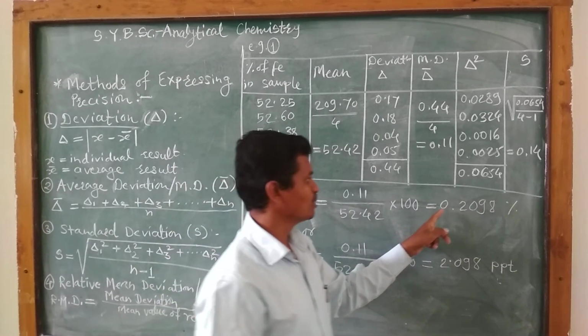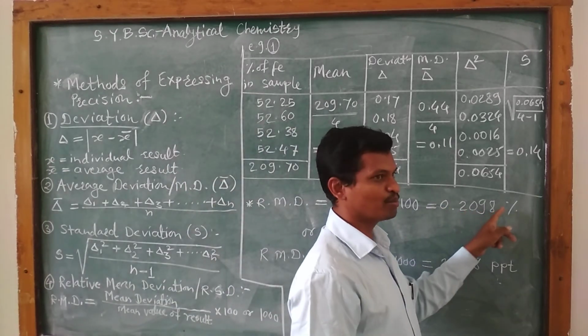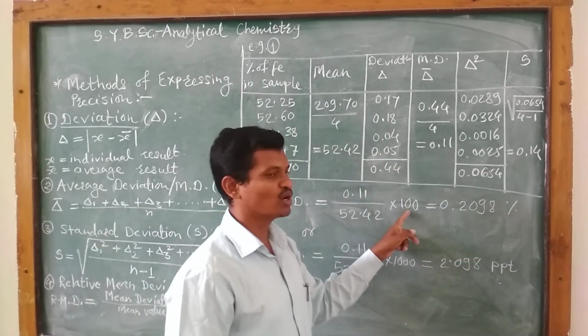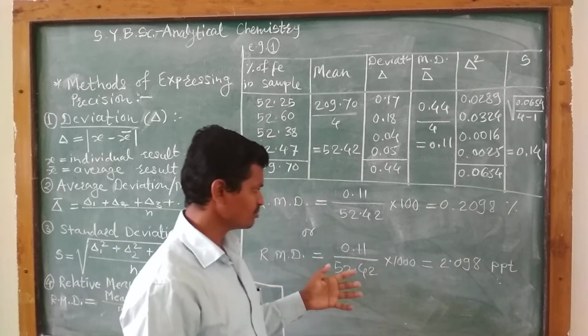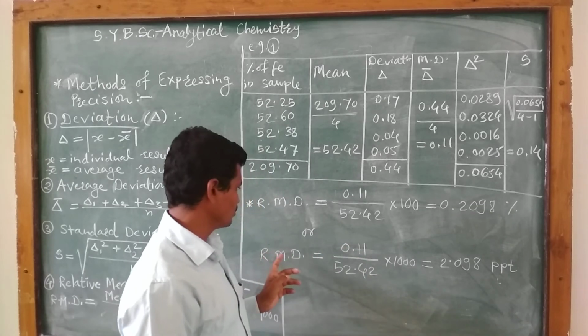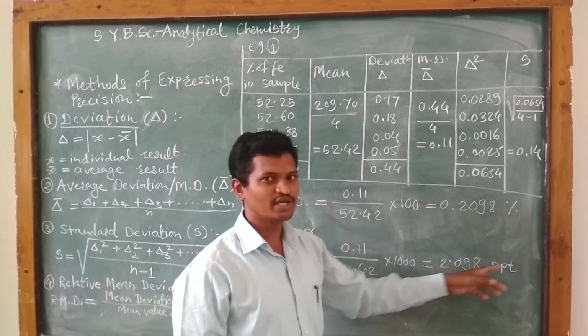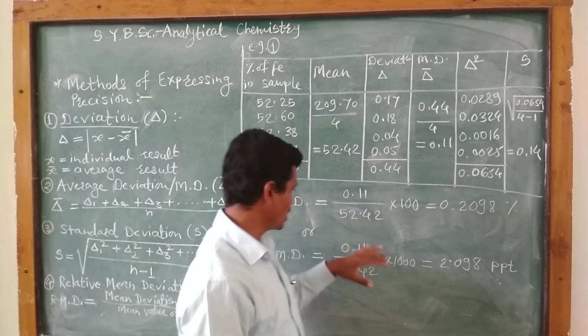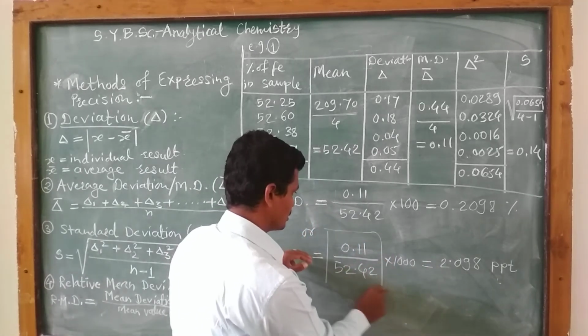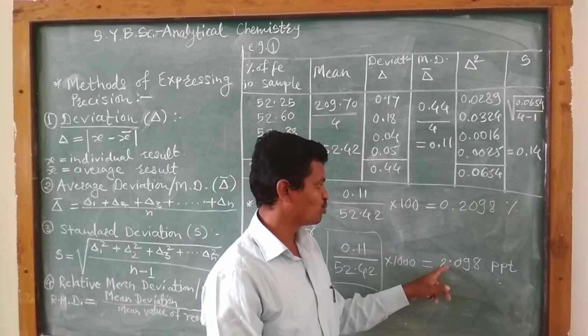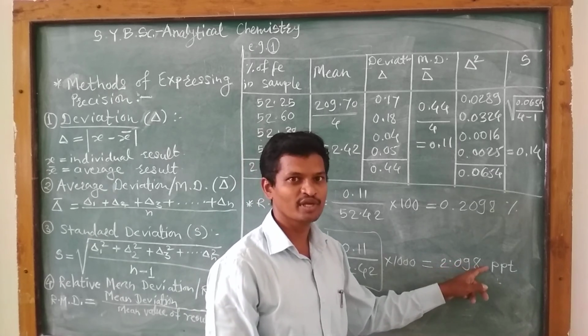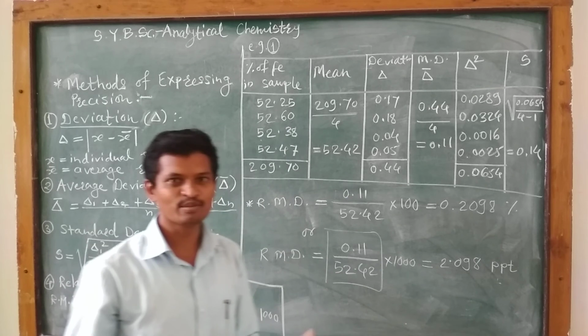So my answer is 0.2098 percent. Why percent? Because I have multiplied this figure by 100. Or we can express it in ppt, that is parts per thousand. Again, this ratio into 1000 is equal to 2.098 ppt.